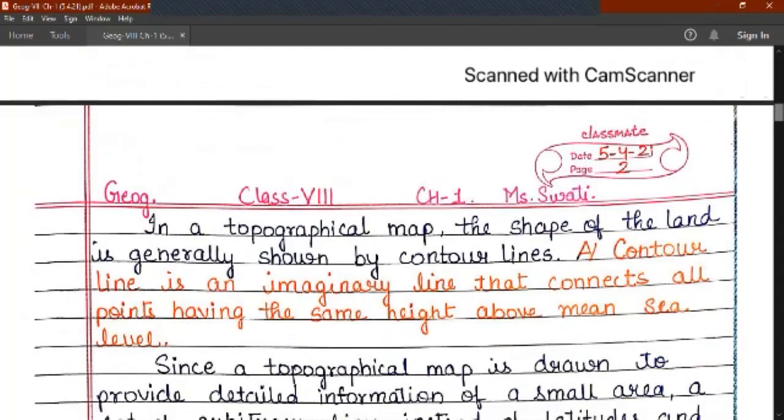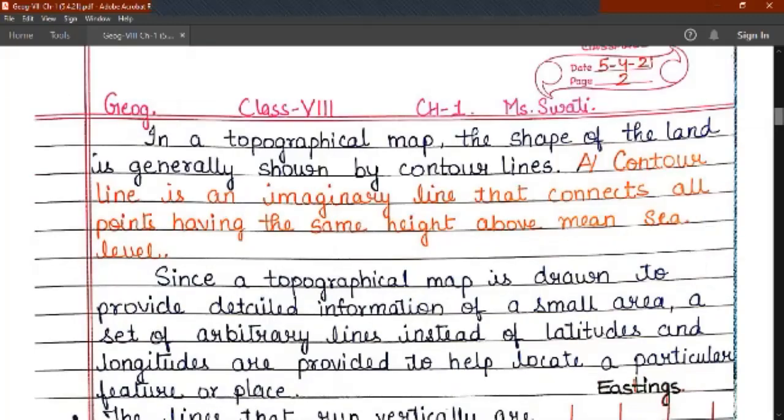In a topographical map, the shape of the land is generally shown by contour lines. So students, a contour line is an imaginary line that connects all points having the same height above mean sea level.